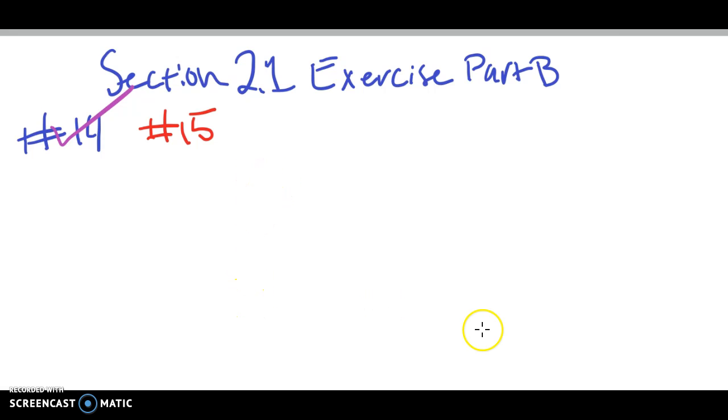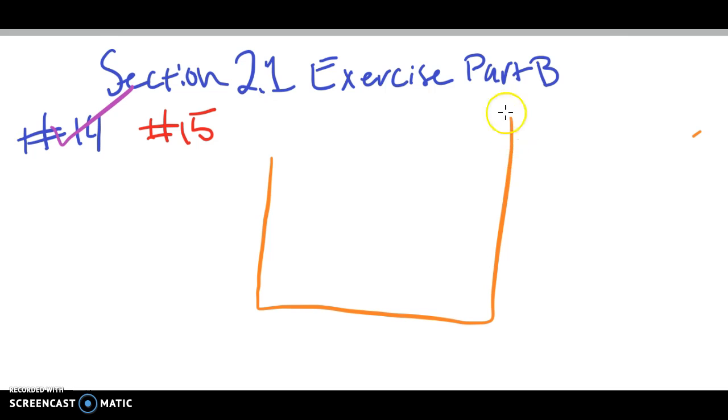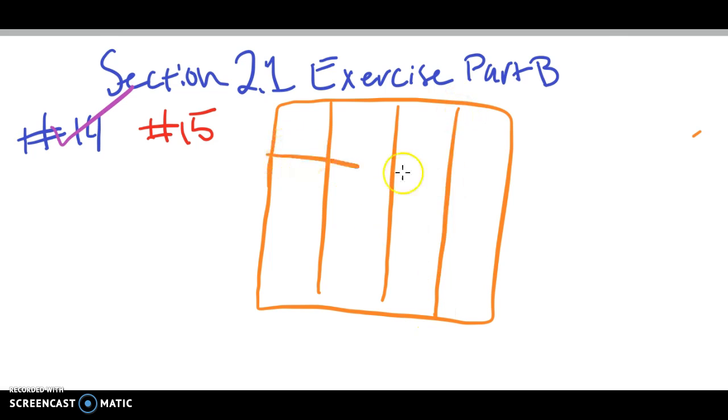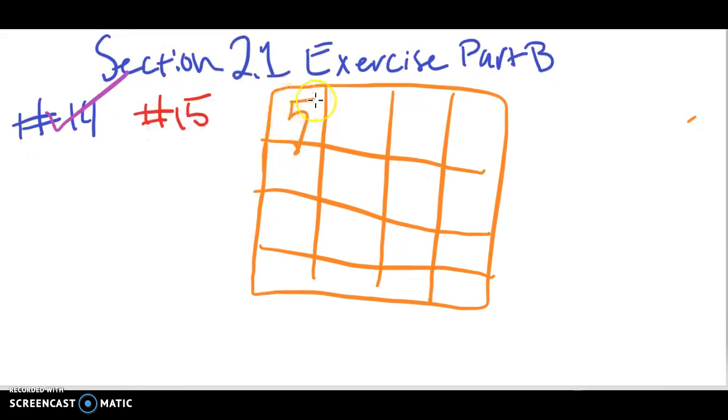So on the first square, we're gonna have 5 on the first board.